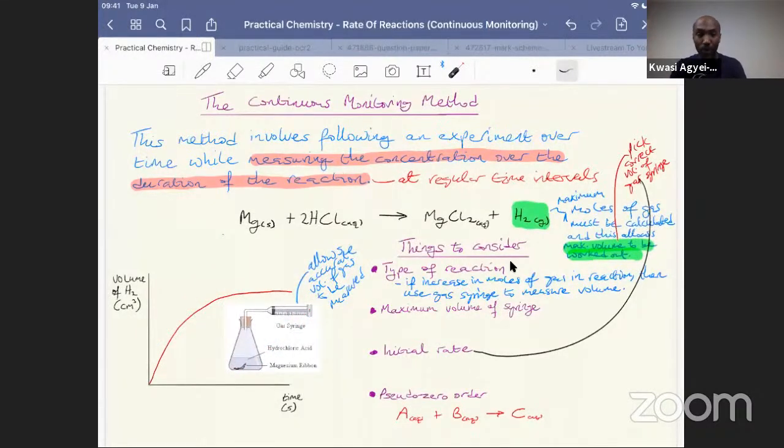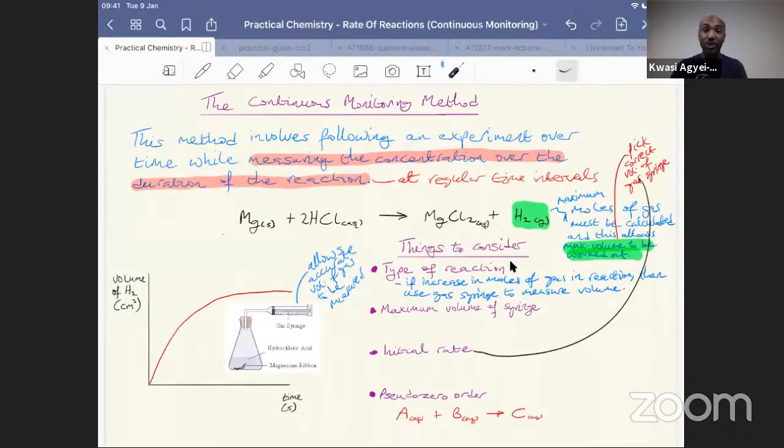Now, another point to make is that if you are investigating the effect of changing the concentration or amount of one of your reactants on the rate of reaction, then it is important that you keep the concentrations or amounts of all the other reactants constant, and only vary the concentration of the reactant that you are interested in.